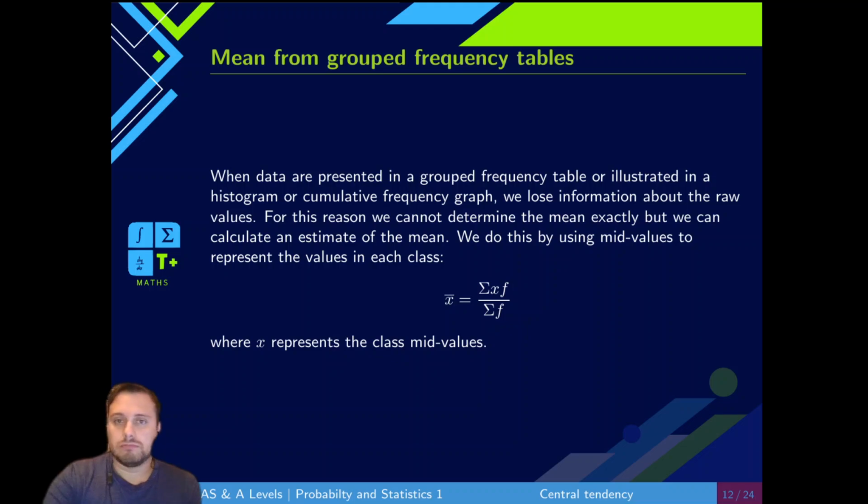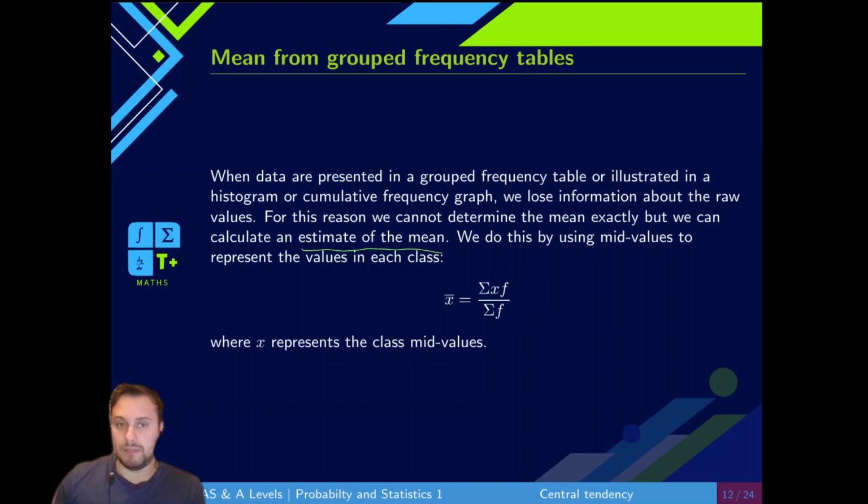So far, we're working with this, and now we're going to take a look at what happens when we have a grouped frequency table. This could be in a table, it could be in a histogram, it could be in a cumulative frequency graph. We don't have the raw data, so we cannot find the exact mean. So in this case, we're going to be making estimations.